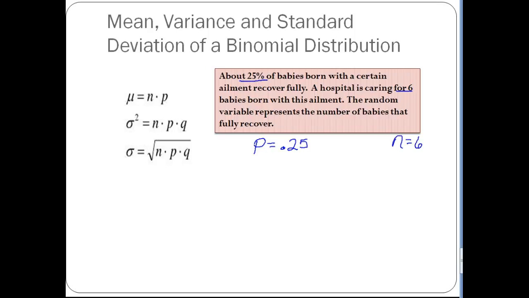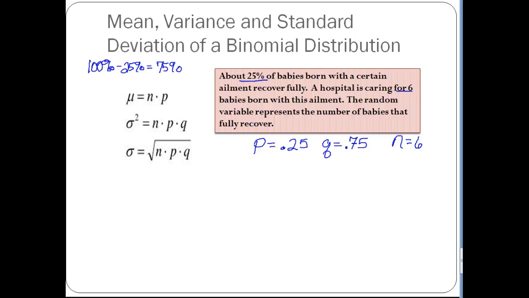So mathematically, 100% minus 25% leaves me with 75%. So q is 75%, but I want to work in decimal form, so I'm going to make it 0.75 because that makes it easier to plug into my formula.